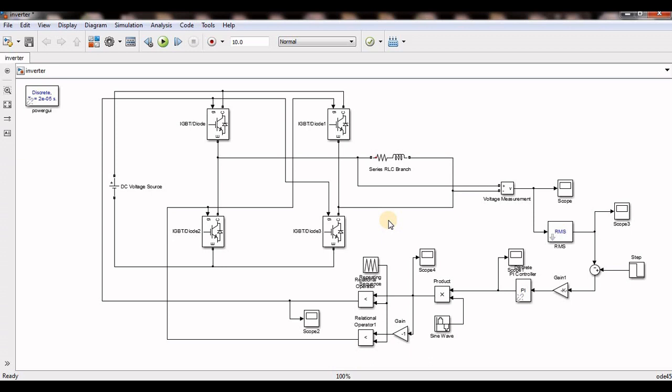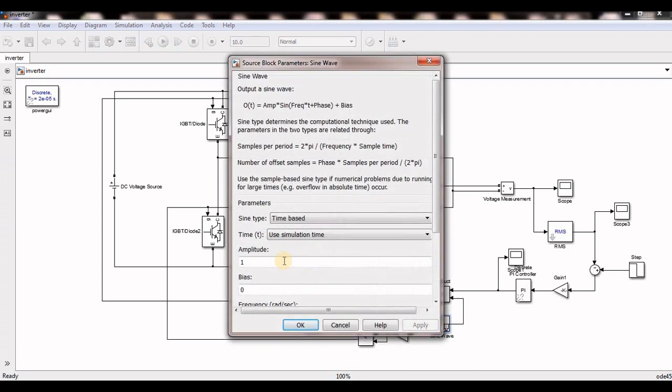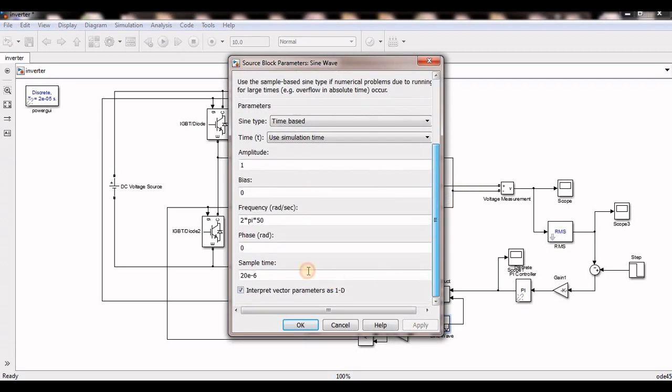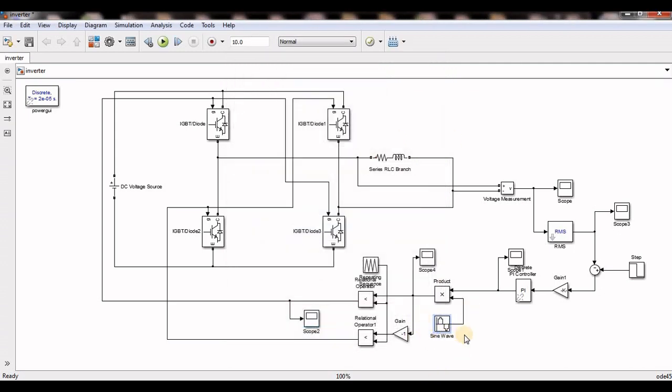So for a three phase motor controller or three phase distribution system, we can easily apply this inverter with closed loop controller. We can regulate the frequency also by taking the frequency as one of the inputs for generating the pulses. If I consider the frequency as one of the inputs of the sine wave, I can easily control the frequency also.